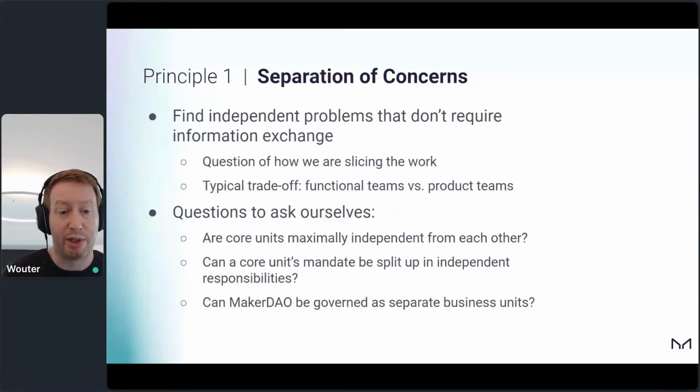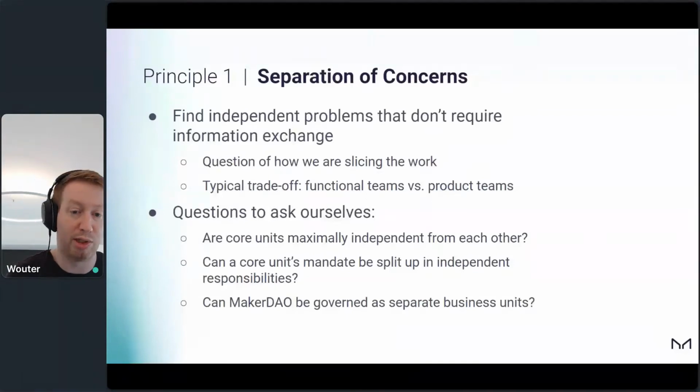If a core unit has a particular mandate, it can also be that it's the opposite problem, that unnecessarily multiple independent buckets of work have been, or multiple independent units of work have been put in the same bucket. And this is another exercise that we can do.